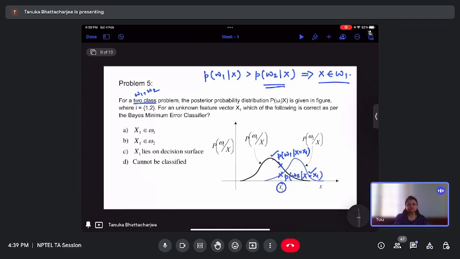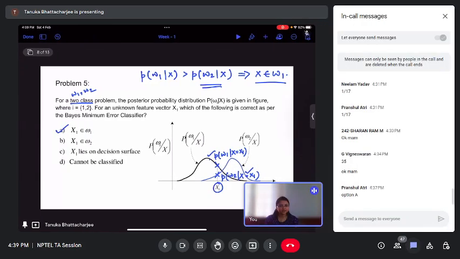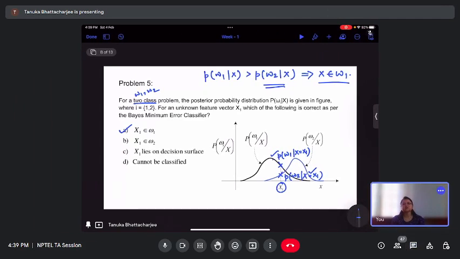Among these two we easily see that the a posteriori probability is higher for class omega 1. So, based on the Bayes minimum error classifier rule, we will assign this particular feature vector x1 to class omega 1. So the answer by Pranshul was correct, it is option A, x1 is an element of class omega 1.